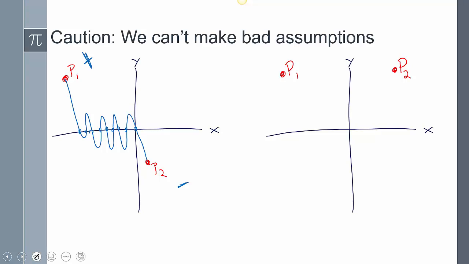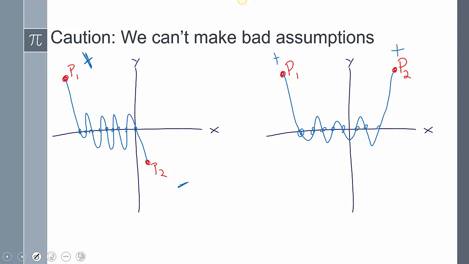The other bad assumption is when the signs are both positive or both negative. Sometimes we assume, oh, there is no zero between there, and that's also a false assumption, because your graph can do its thing and then go back up into the positive direction in this instance, but notice it crossed the x-axis a bunch of times in between, but yet they're both positive.